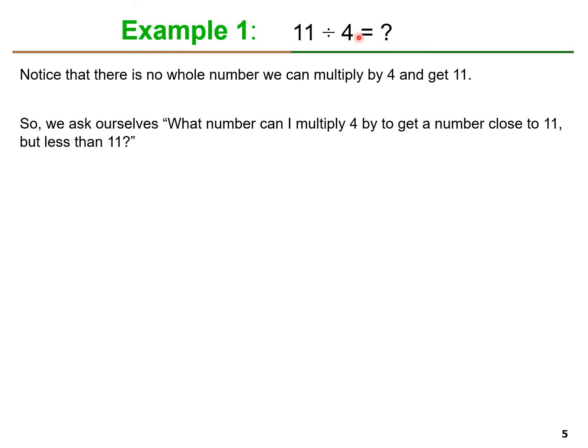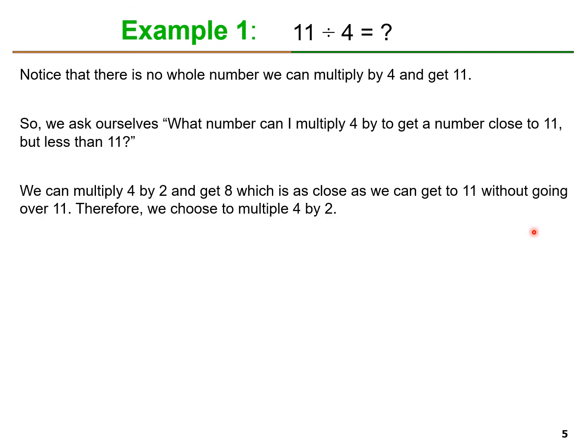So we ask ourselves, what number can I multiply 4 by to get a number close to 11, but yet still less than 11? I want to get as close to 11 as possible without going over. We can multiply 4 by 2 and get 8, which is as close as we can get to 11 without going over.